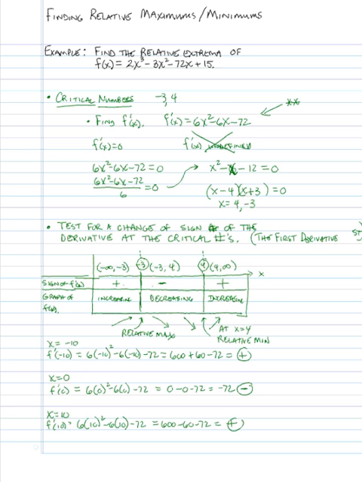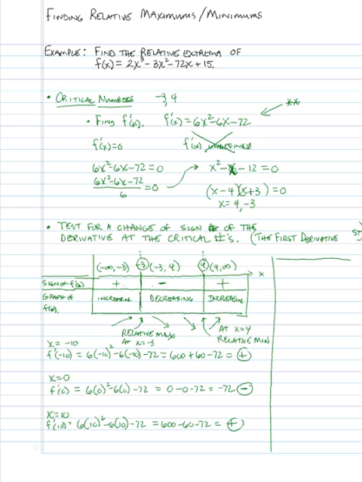Now, we're not really done here, though, okay? We found the x value for where we have a relative minimum at x equal 4, and a relative maximum at x equal -3. But we still have to find out what the relative minimum is and what the relative maximum is.